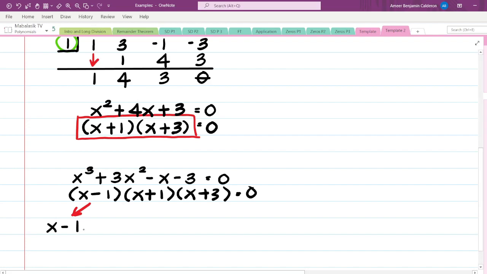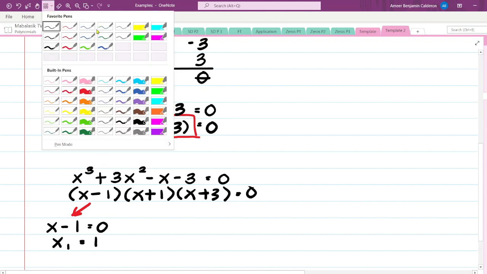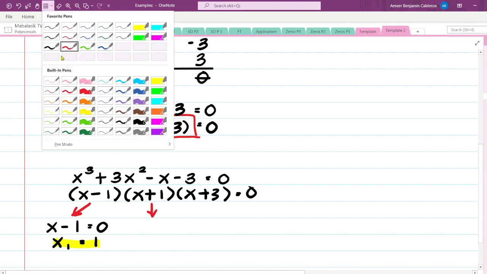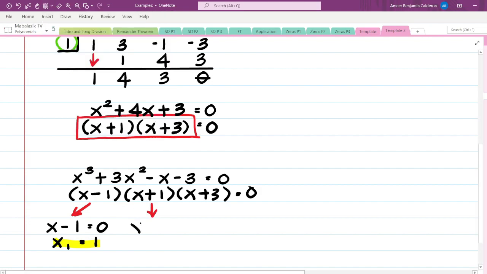So x minus 1 is equal to 0, so our first x value is positive 1. Equate the second factor to 0, so x plus 1 is equal to 0. Our second x value is negative 1. And equate the third factor to 0.